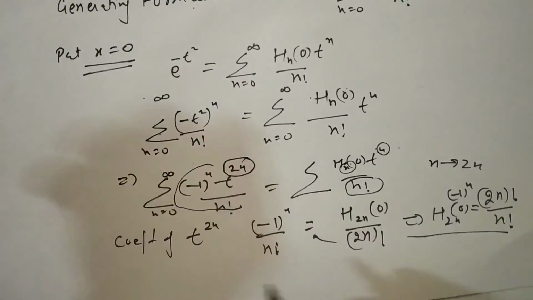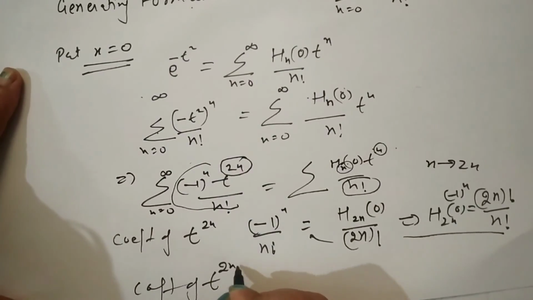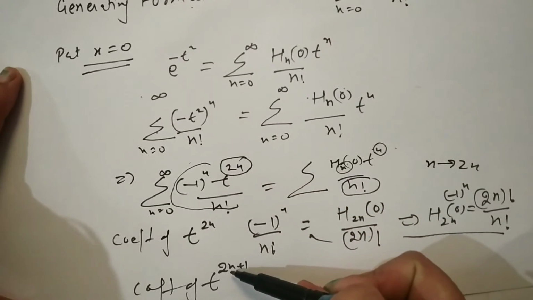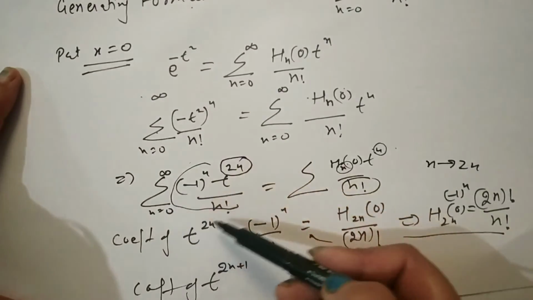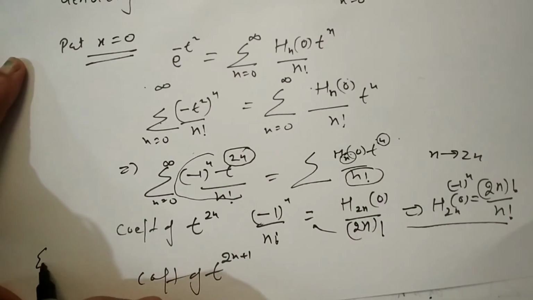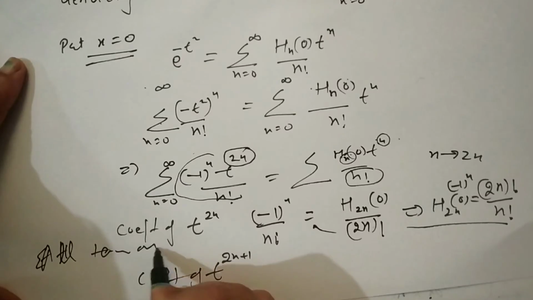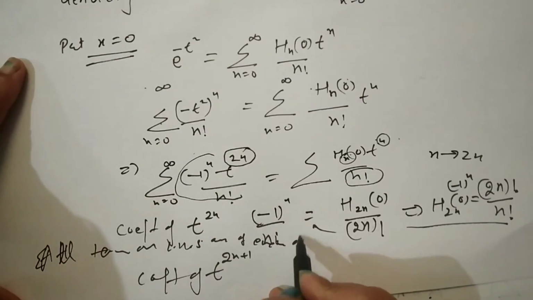And if the odd term is compared, now the coefficient of t raised to power 2n plus 1, is there any term which will be of power 2n plus 1? Because all the terms are of even power. You can also write here that all terms on the left hand side are of even power.